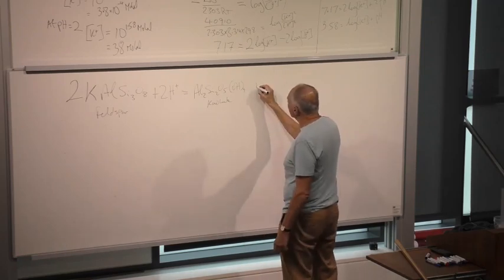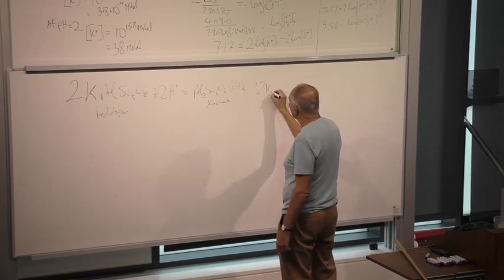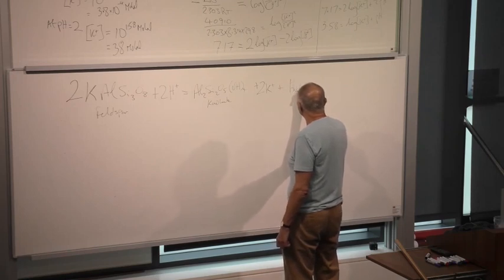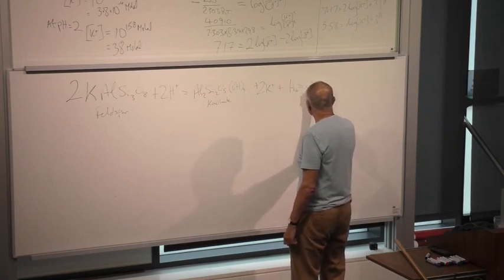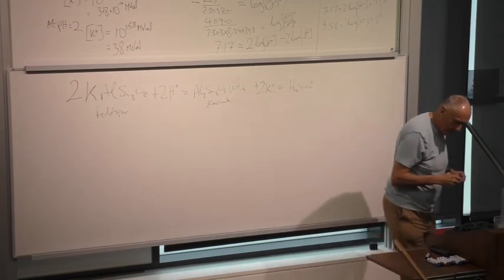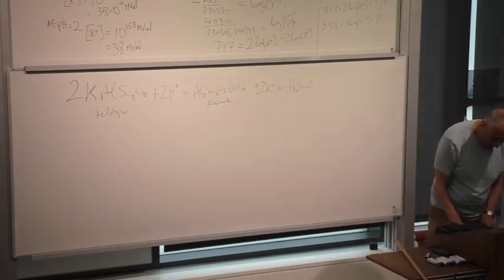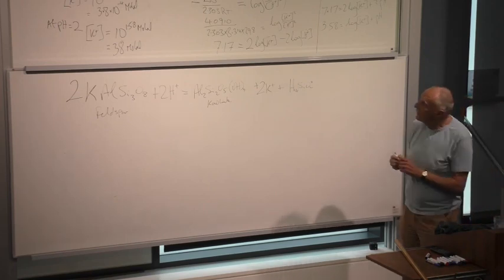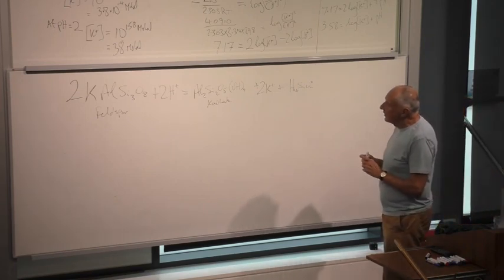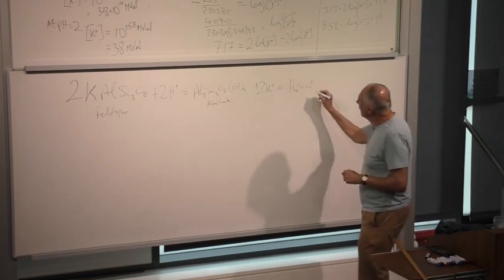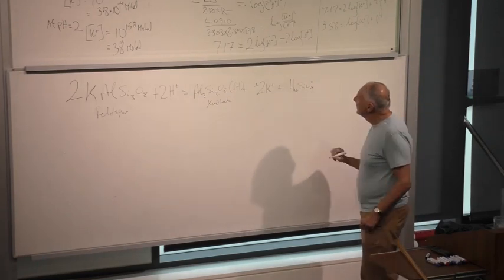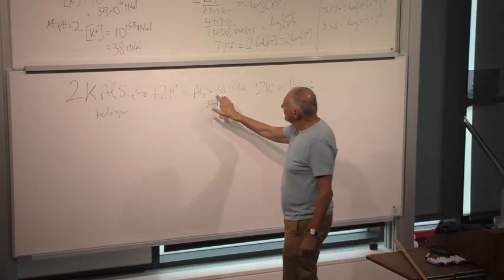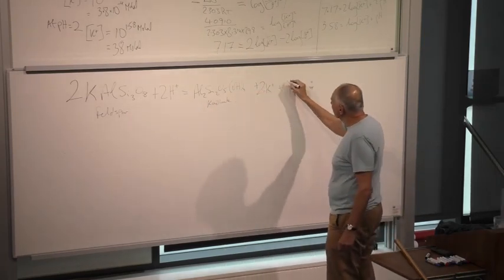Plus 2K plus H4SiO4, 0. That's our solution. Make sure I balance that. Okay, so we've got to balance the silica, so we've got 6, 2 there, so we need 4 of those.